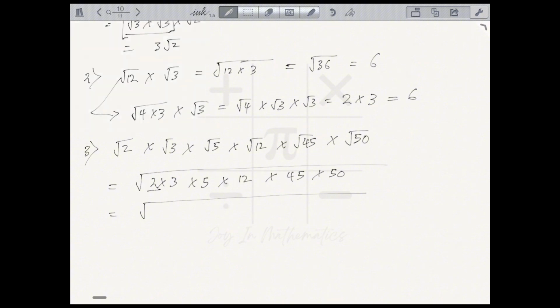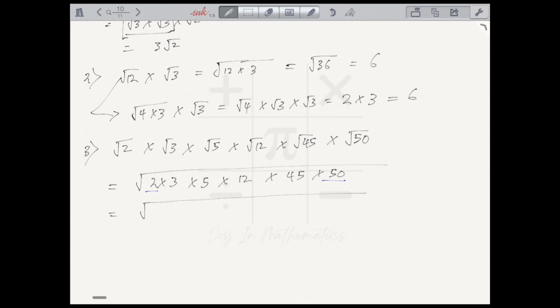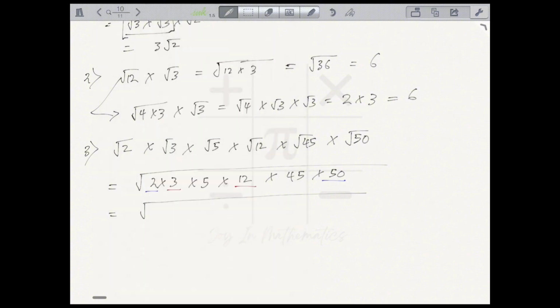Now let's look at it. 2 multiplied by 50 will give me 100. Let's use the red now. 3 multiplied by 12 will give me 36, and 5 multiplied by 45 will give me 225.